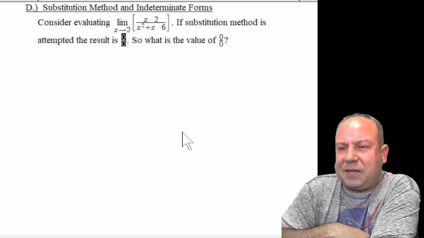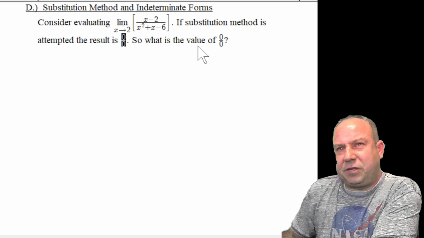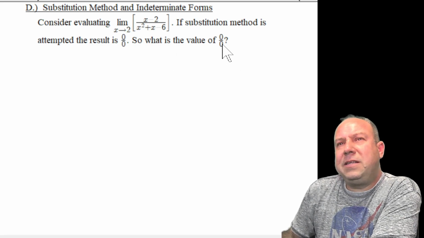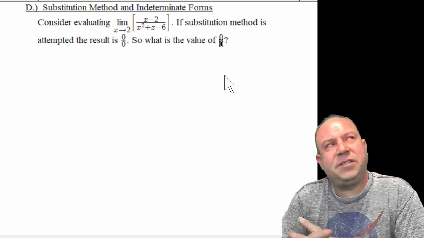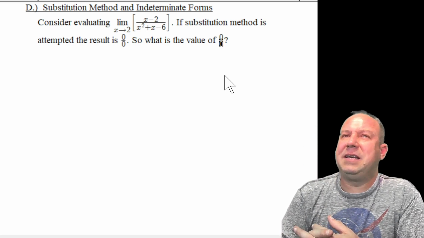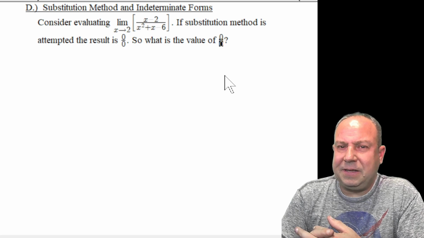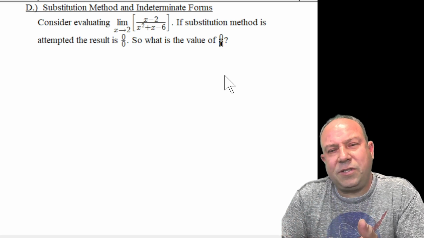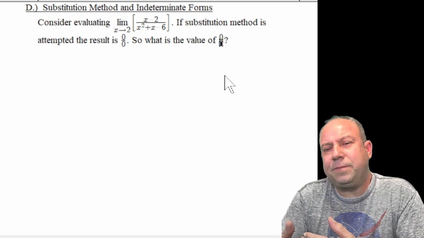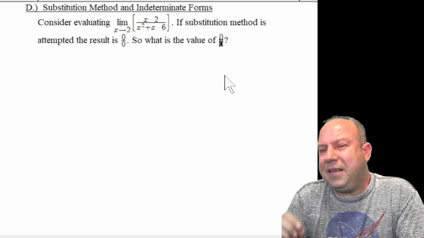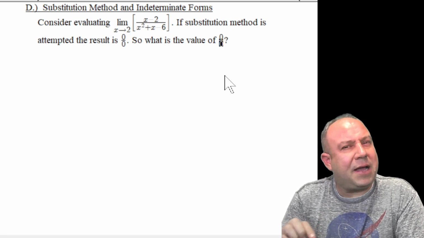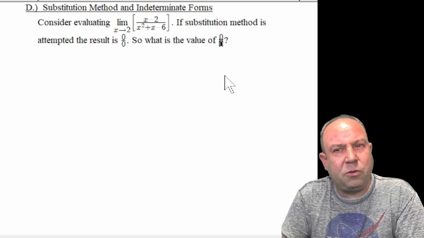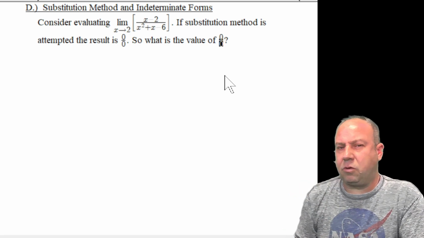Some students like to argue for the value of 0 over 0. Well, since I have a 0 in the denominator, I know every time I divide by 0, that result must be undefined. So they like to argue that 0 over 0 is undefined. Again, I say be careful there, because that might not necessarily be true for this value of 0 over 0.